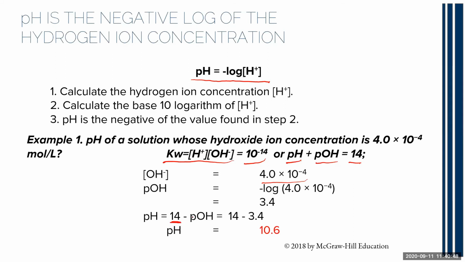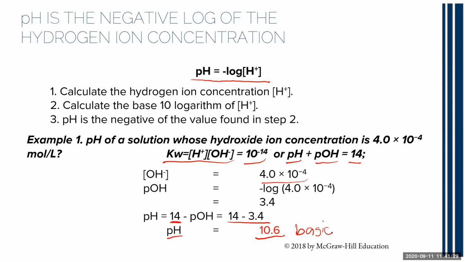And we deduct the pOH value, which is 3.4. So we have 14 minus 3.4. So we have now the pH is 10.6, which makes the solution basic. So that's how we can solve for the pH of a solution.